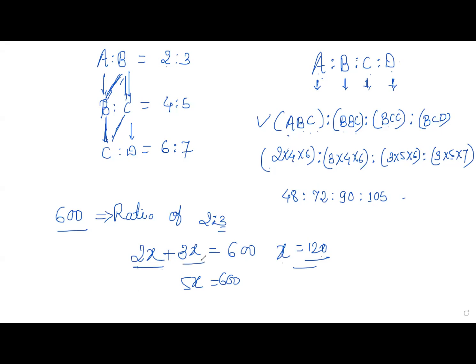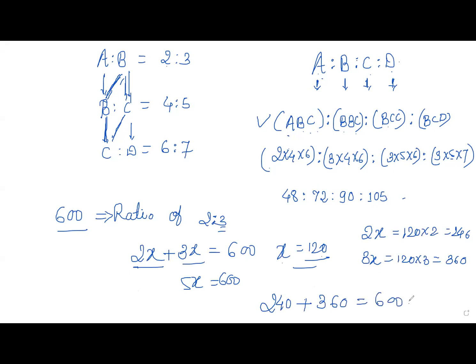Put it with that 2 and 3. So 2x gives 120 into 2, it is 240. Similarly 3x is 120 into 3. It will be 360. And as we know, the addition of 240 and 360 gives 600.